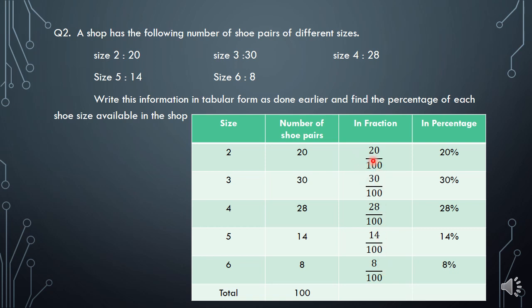So we can write the numerator as the answer in percentage. So here the numerator is 20. So it is 20%. 30 by 100 is 30%. 28 upon 100 is 28%. 14 upon 100 is 14%. We write 8 by 100. Numerator what? 8. It is the percentage, 8%. Okay children, so this question you have to do in the notebook because we have no place in the textbook for writing the answer. Okay children.